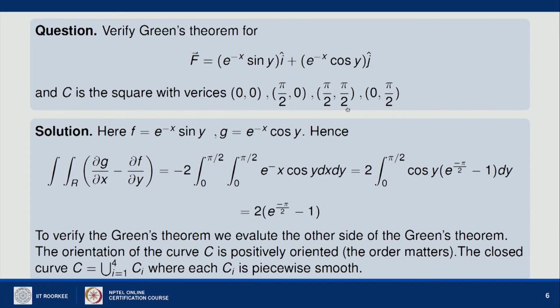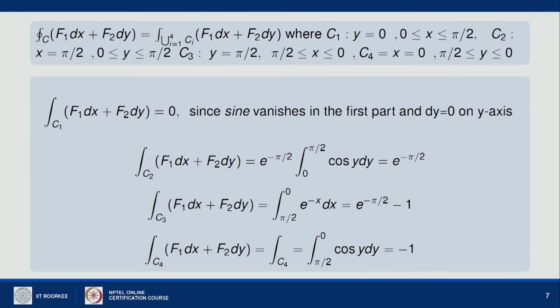These are straight lines, horizontal and vertical, and they are smooth. So, I need to calculate 4 line integrals, one for each line, and then add them. Let us say the first arc C1 has y equal to 0 and x between 0 and pi by 2.